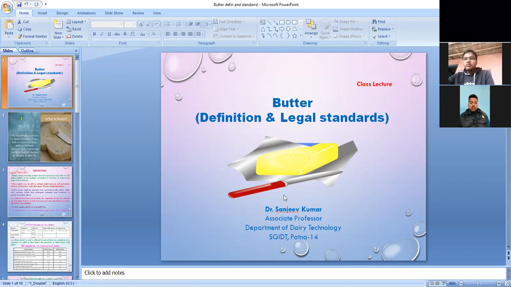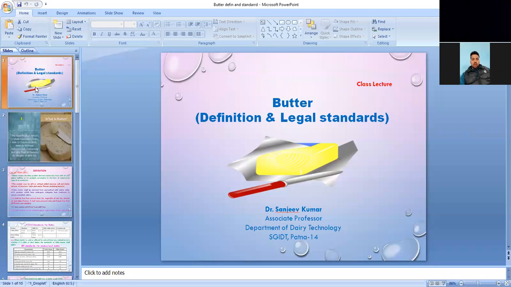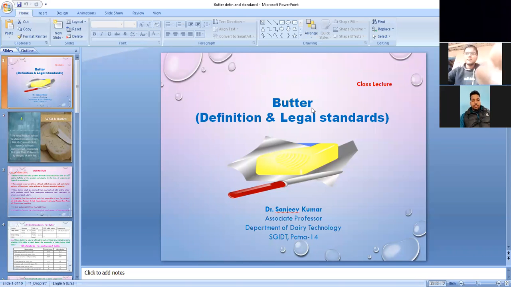You know that butter is actually manufactured from cream, and this is a popular product. This is also one of the Western dairy products. Our traditional dairy product is makhan. So makhan and butter are different things.